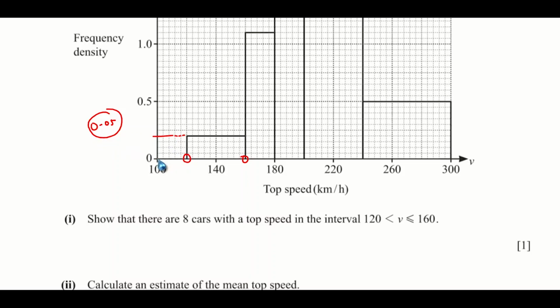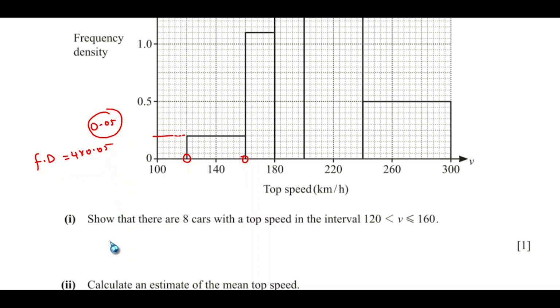How many lines do we have here? 1, 2, 3, 4. So the frequency density, FD, will be 4 times 0.05. So that is the frequency density.